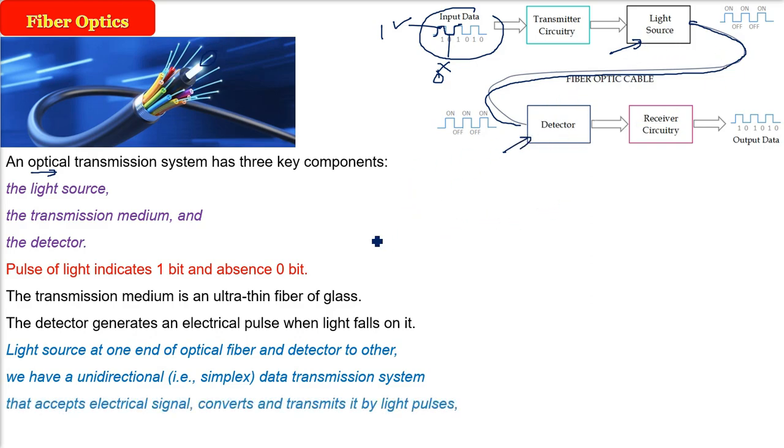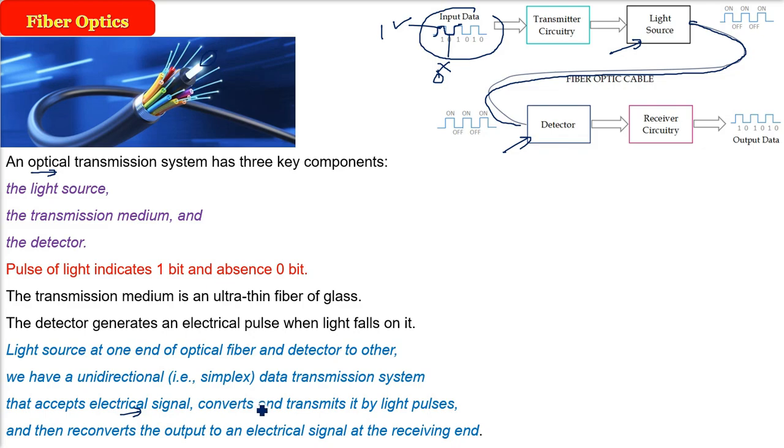This system accepts an electrical signal, first converts it and transmits it in the form of light pulses, and at the other end the reverse happens: it reconverts the light pulses to an electrical signal at the receiver end, that is the detector. So this is how the transmission takes place.